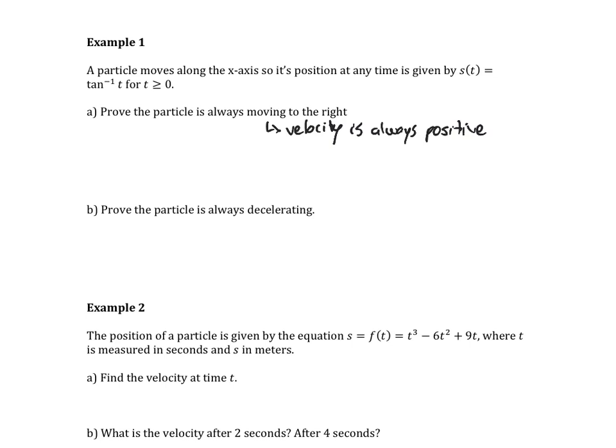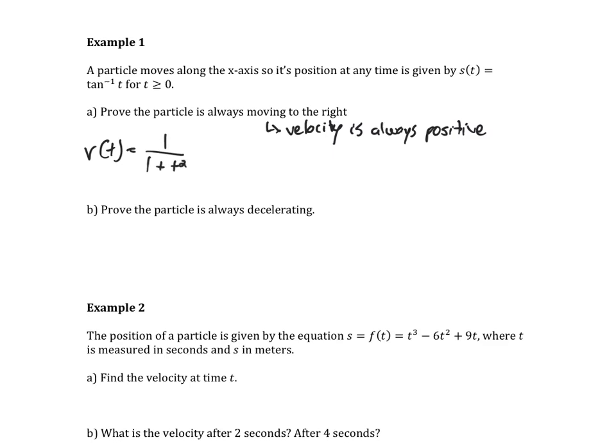Well, if we need to prove the velocity is always positive, we probably need to find the velocity function. So let's take the derivative of the position function s of t. That will give us our velocity function. If I take the derivative of s of t, that would give me 1 over 1 plus t squared.